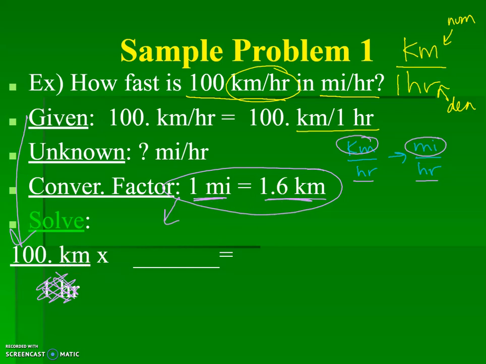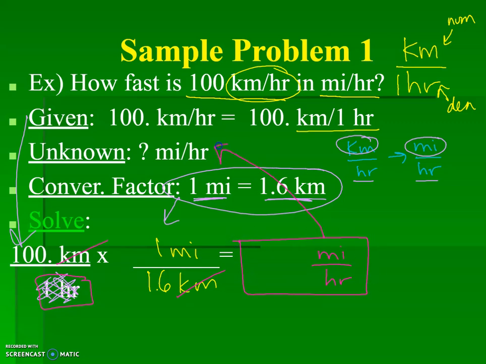Well, how does that happen? We put 1.6 kilometers on the bottom and 1 mile up top. And what that allows is for kilometers and kilometers to cancel out. And then if I look back under here, I will have miles per hour as my unit.